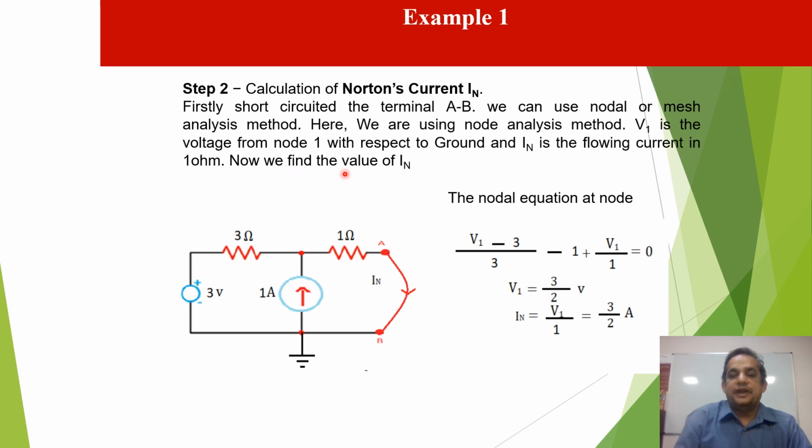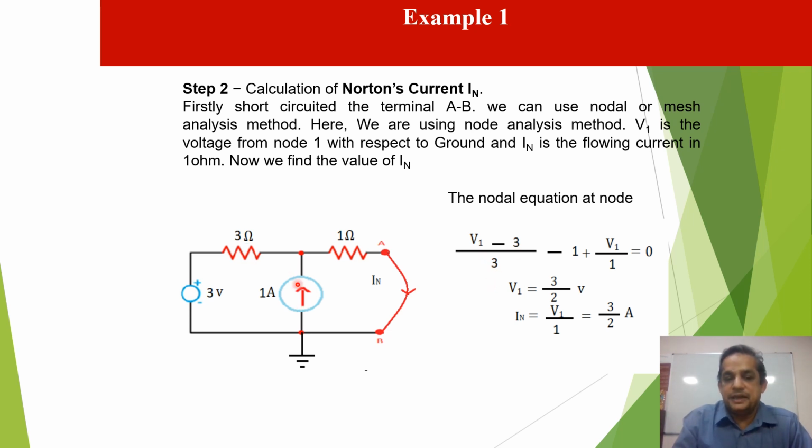Now we find the value of IN. Here we apply the node analysis method. There are 3 branches, 1, 2 and 3, so we are using 3 terms. First one, V1 minus 3 upon 3, this current. Okay, V1 minus 3 upon 3.